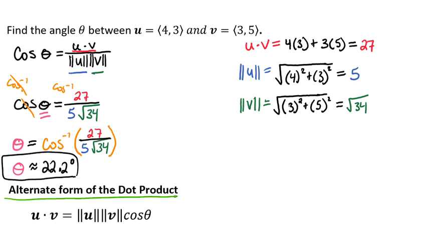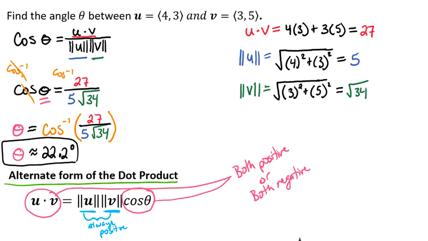What's important to note is that our magnitude of u will always be positive and our magnitude of v will always be positive, which means that if our cosine of theta is positive, then so will our u dot v. And if our cosine theta is negative, then so will our dot product of u dot v. And so that's kind of a cool thing.